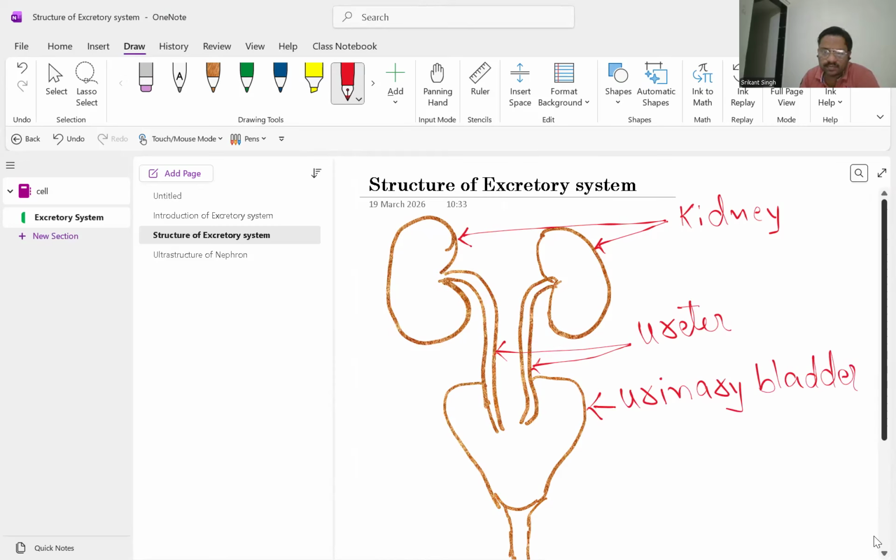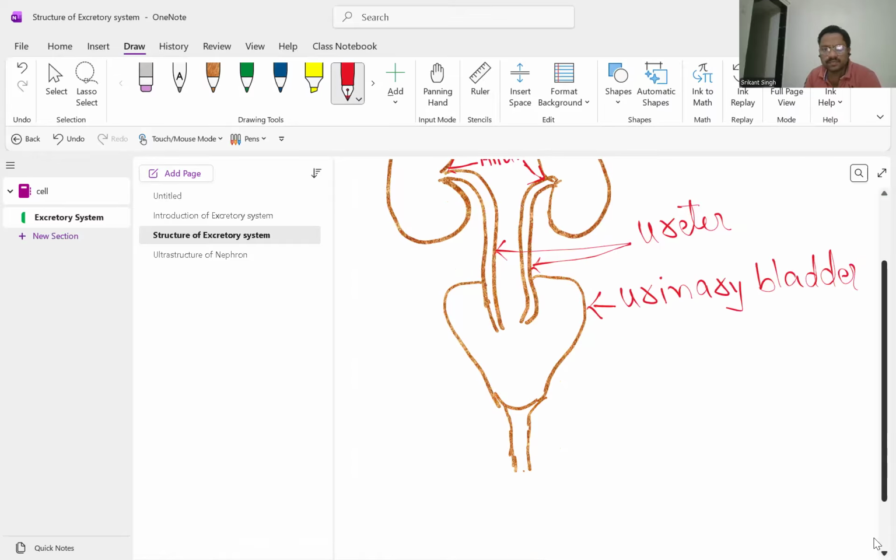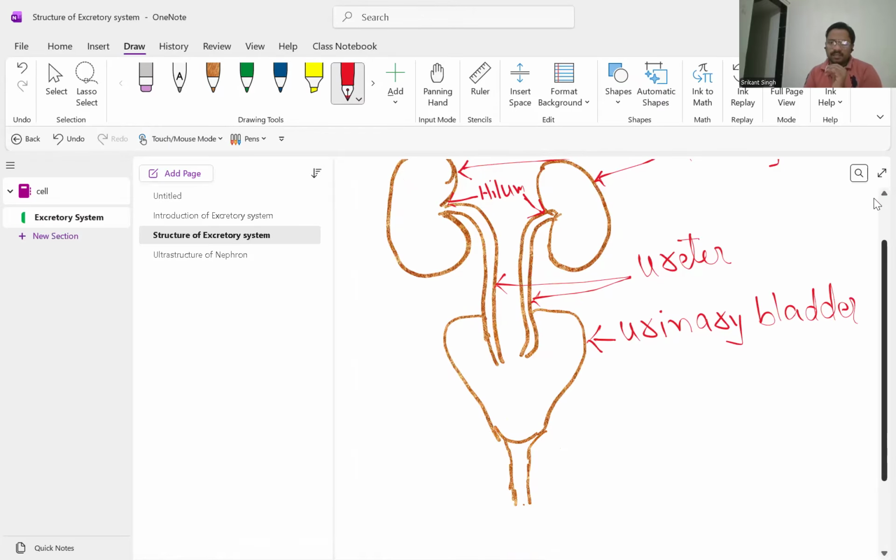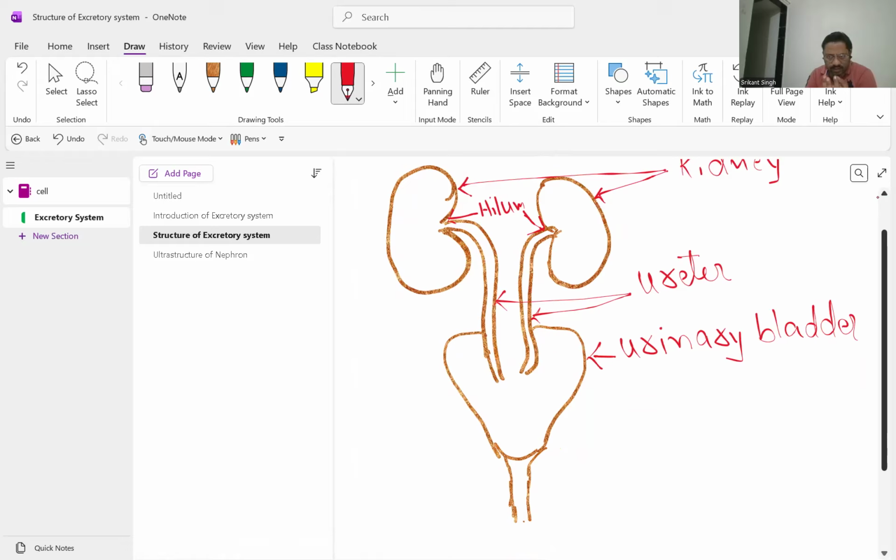And it is the hilum, where the ureter is coming out. The right kidney should be slightly lower in comparison to the left kidney.